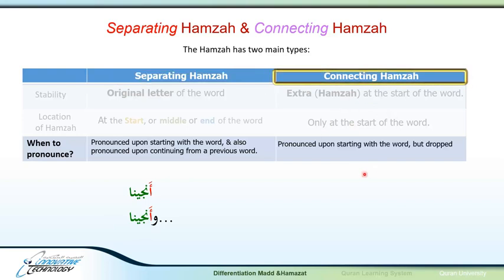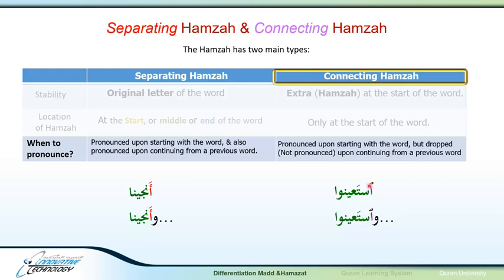While in the case of the connecting hamza, it's only pronounced when reading or recitation starts at this word, like ista'inu, we say ista'inu. But if it is continuing, it will not be pronounced. So if we say wasta'inu, we will notice here that there is no wa ista'inu.